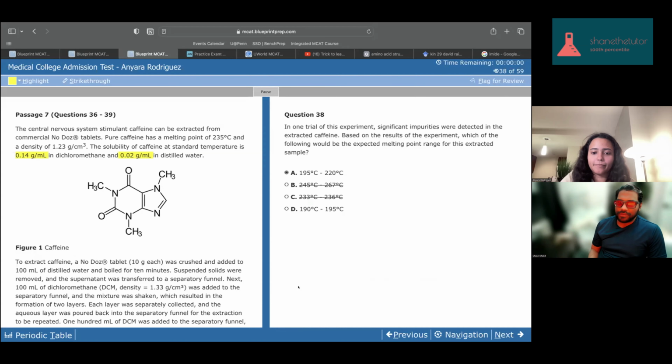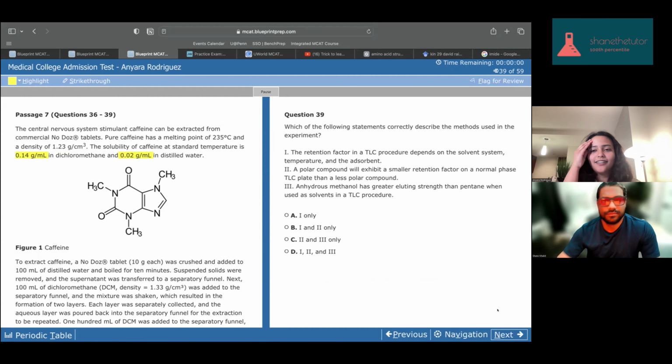It's a matter of whether it's going to be the sharp range of D or the broad range of A. And just to add to your knowledge, this usually doesn't come up as colligative properties, but it should be added: in addition to the freezing point depression, you will have a broader range for the freezing point, melting point, or boiling point. Yep, that makes sense.